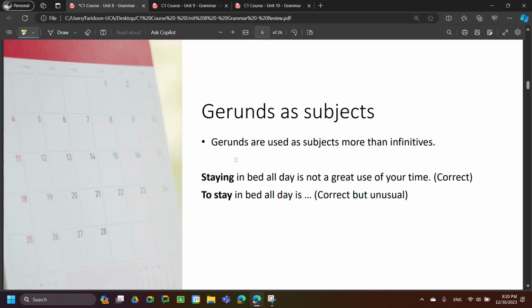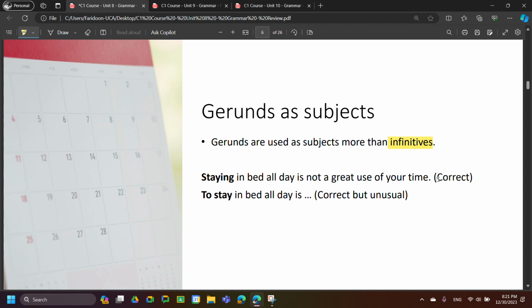And one of the main uses of gerunds in sentences is that they can be used as subjects. Now, be very careful, guys. It doesn't mean that you cannot use infinitives as subjects. It just means that using gerunds as subjects is a bit more common, okay? For example, staying in bed all day is not a great use of your time.